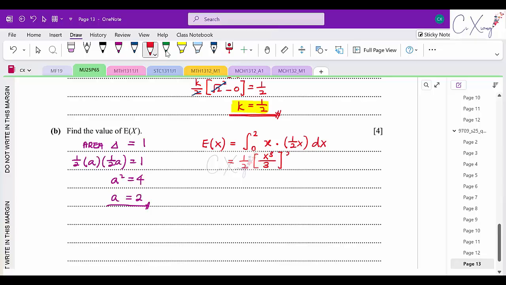Then substitute in the limits 2 and 0. My personal habit is to take out all the constants first, then substitute in the limits, so I have 2 to the power 3 minus 0 to the power 3. 2 to the power 3 is 8, so 8 over 4. Oh, sorry, 8 over 6. After you simplify, you'll have 4 over 3. This is the expected value of x for this part.